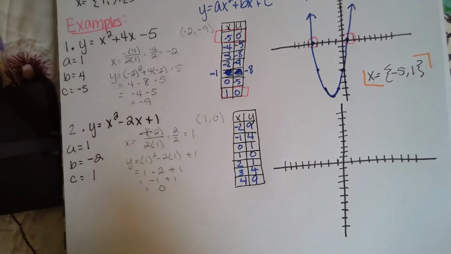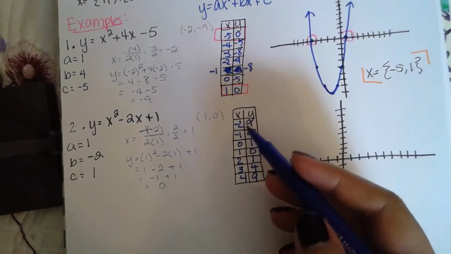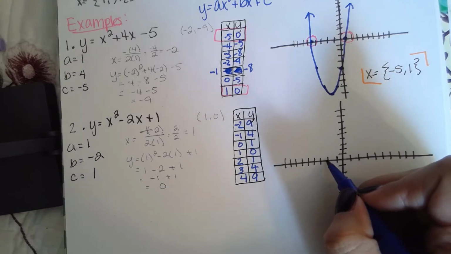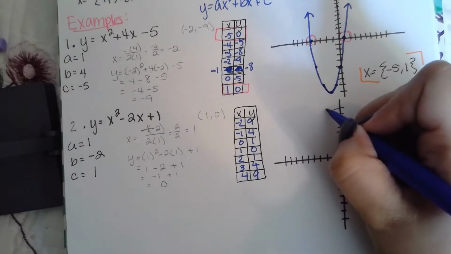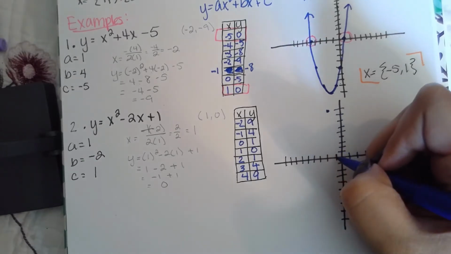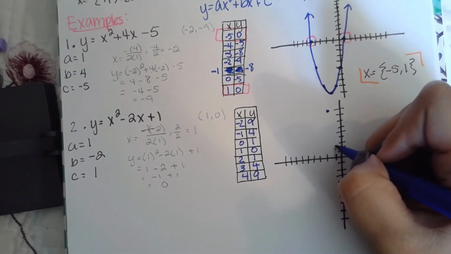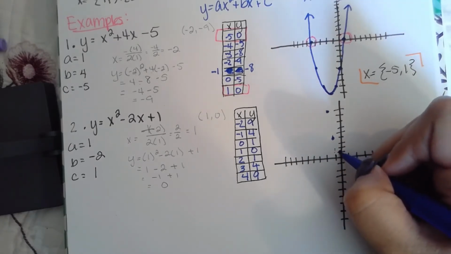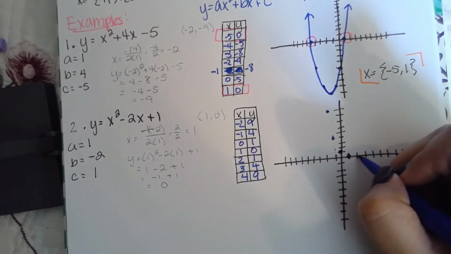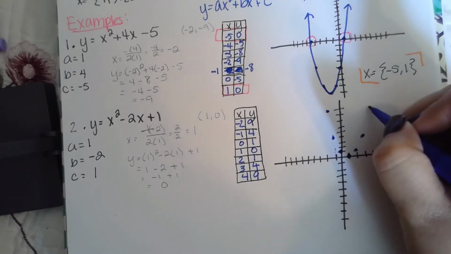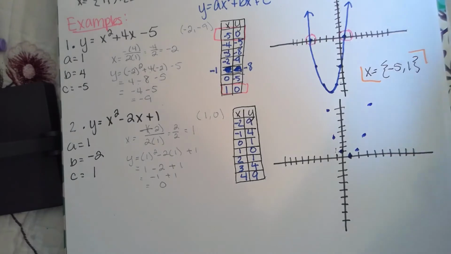Alright, and then right here you can see that 1, 0, your vertex, is your only solution. So I said earlier that when you're finding your vertex and you plug in your axis of symmetry, and it comes back with 0 as your y value, then you automatically know that's one solution, and that's going to be your vertex, because your graph is going to go up to your vertex, touch the x-axis, and then run away.